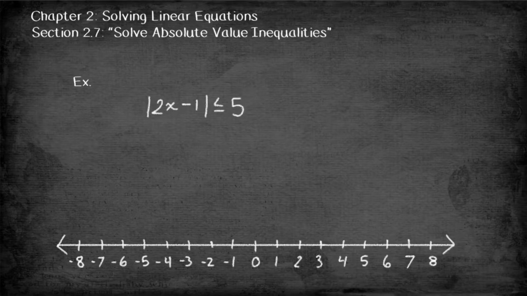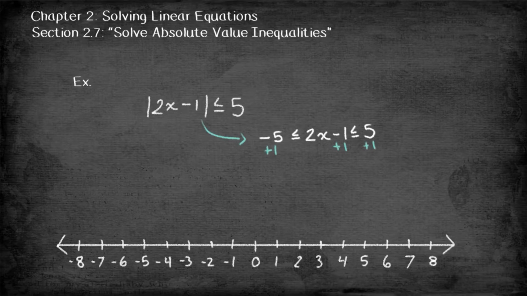All right, so what if we had a less than or equals? It would work the same way. What we end up with is something called a compound inequality. And we can solve this the same way that we did regular inequalities. It's just that if we want to get rid of this 1 on the 2x minus 1, we have to add it to the 5, and we also have to add it to the negative 5.